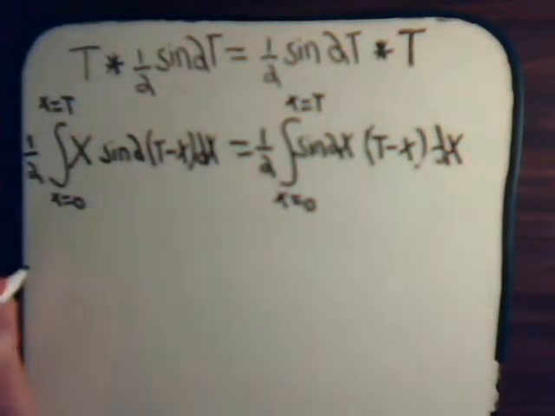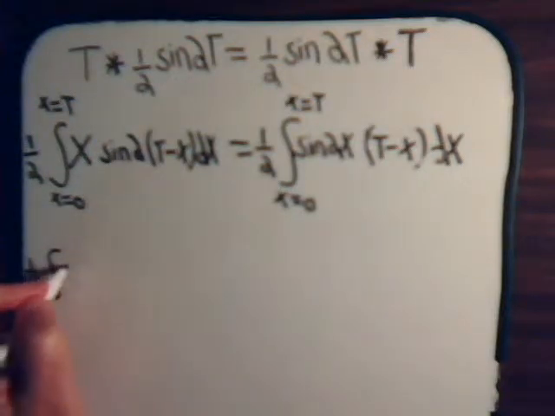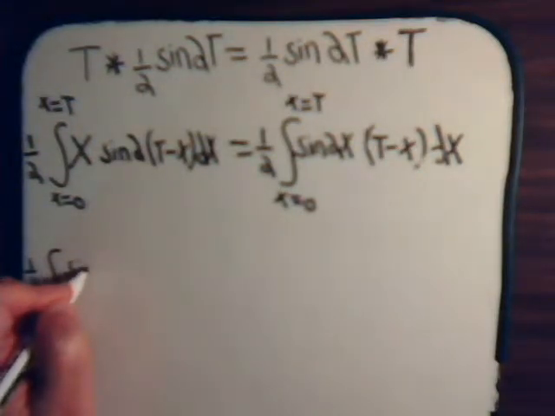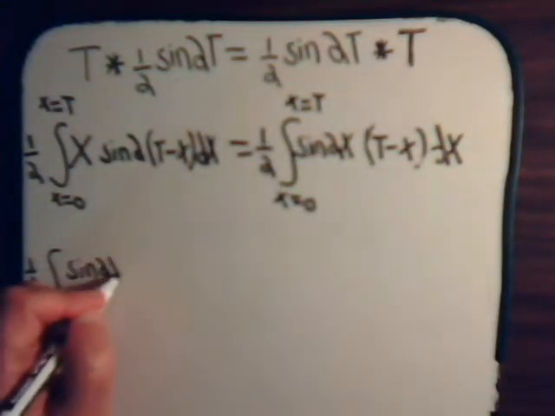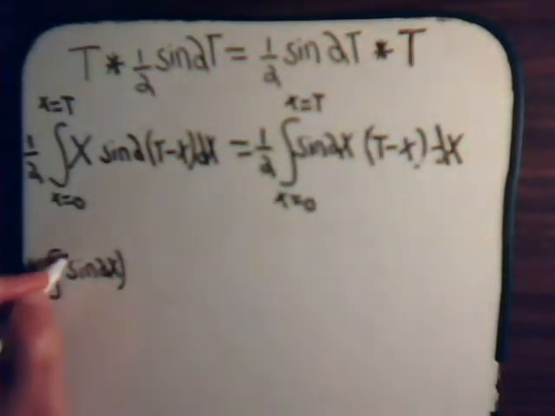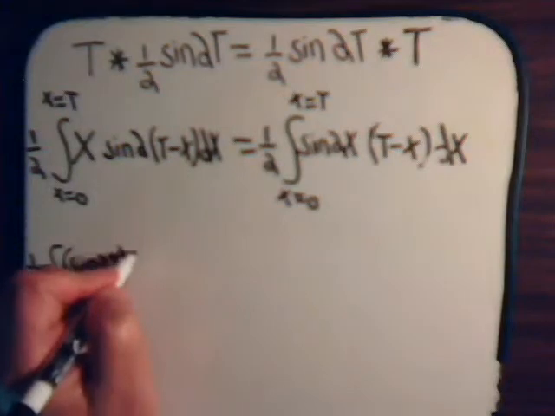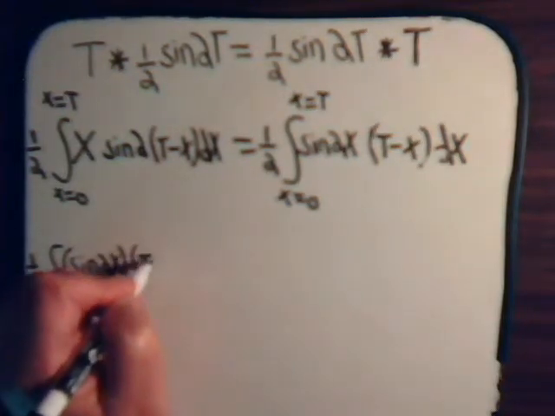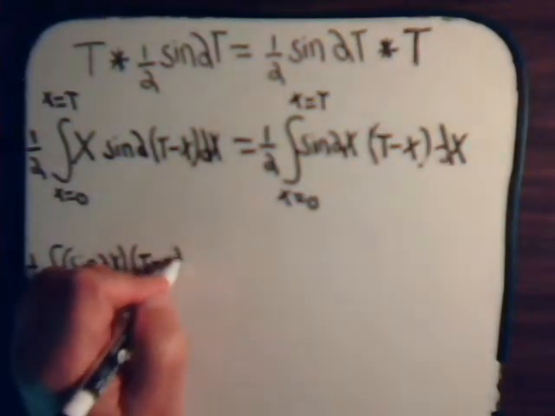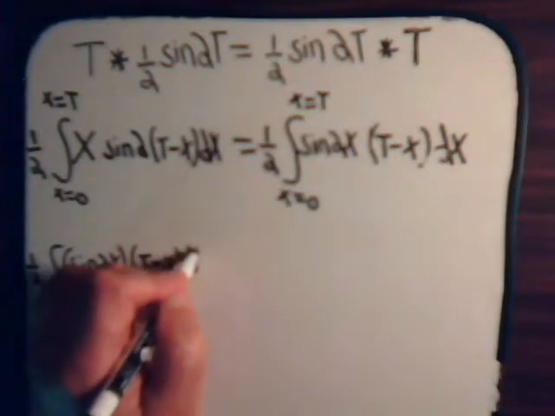So 1/2 the integral of sine of 2x, let's put parentheses around it so we don't confuse anything, times t minus x, dx.